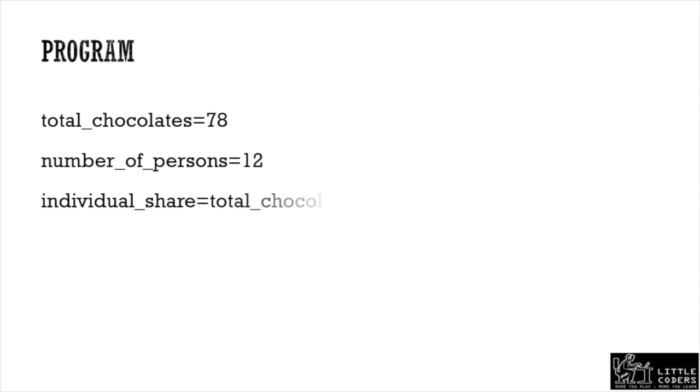Here there are two words, total as well as chocolates. This can be written without any space, or if you want to leave a space, then you have to use the underscore. So total_chocolates = 78, number_of_persons = 12.